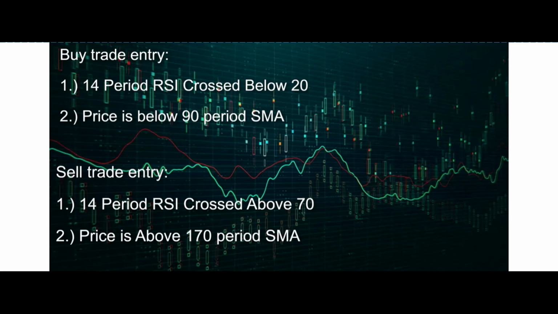We take a sell trade when the RSI crossed above the 70 value and the price is above the 170-period moving average. It is really simple. The rules just talk for themselves. There is nothing so difficult that you can't do.